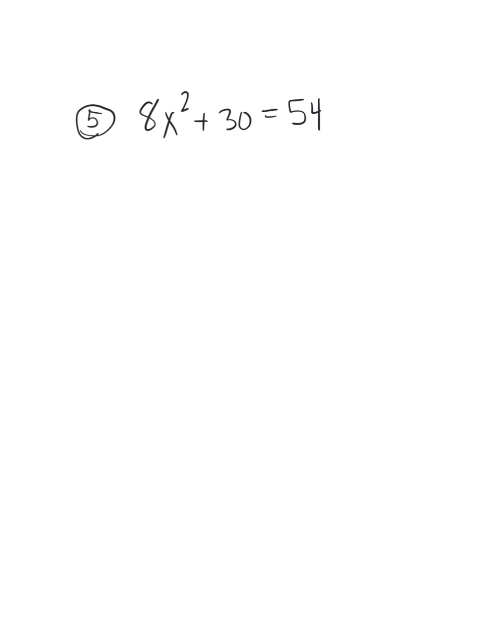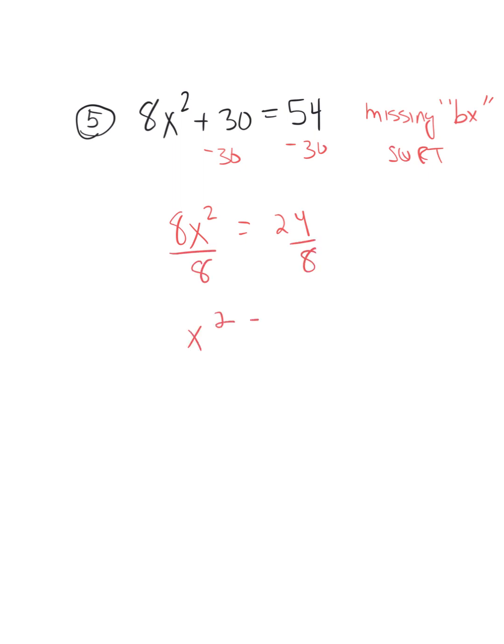All right, so the next one I should see that it is missing that middle term or linear term, and so therefore this problem is a square root method also. And so I'm going to subtract 30 from both sides because I'm isolating the square, and then I'm going to divide by 8. I have the square isolated, so I'm going to square root both sides.